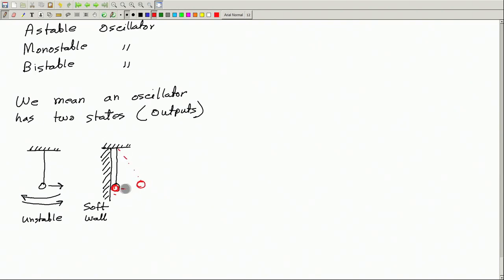If you bring this here, it will always come back and stay here. It will not bounce because of the softness. So it has two states, 1 and 2, but it likes state 1. If you bring it to state 2, it will go back to state 1. So this is the preferred state.